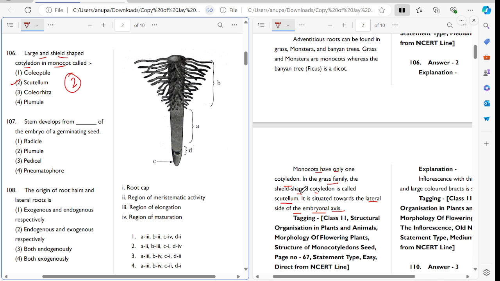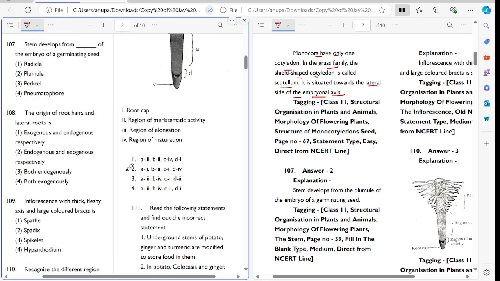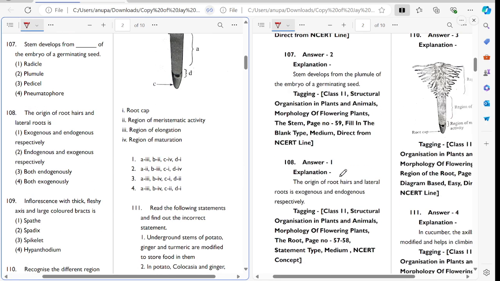Let's move to the next question, that is question number 107. Question number 107 states that stems develop from dash of the embryo of a germinating seed. We have to find out the structure of the embryo from which the stem develops.